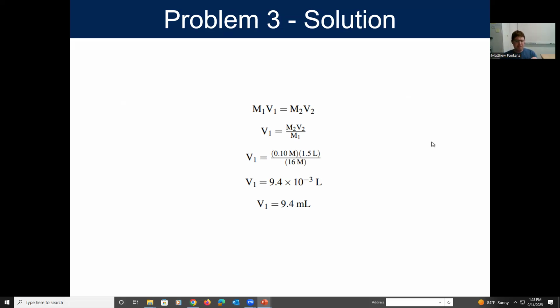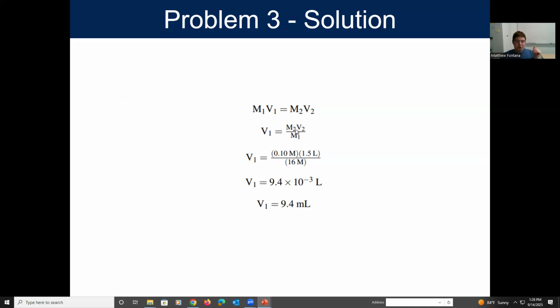Using algebra, you get M2V2 divided by M1 is equal to V1. The way I went from here to here is I divided both sides by M1, so M1 over here cancels, and I get M2V2 over M1. Once you have the equation, you plug in the numbers as they are.